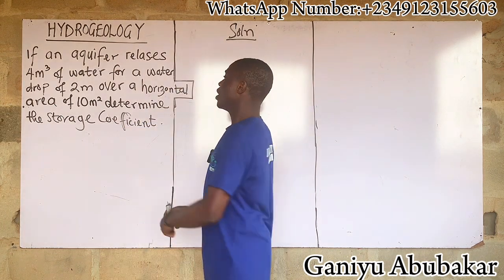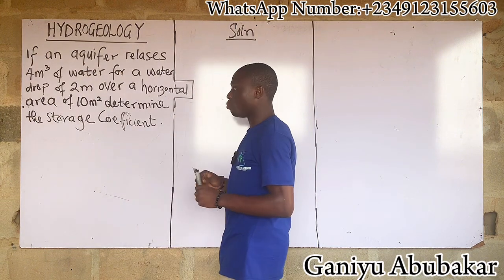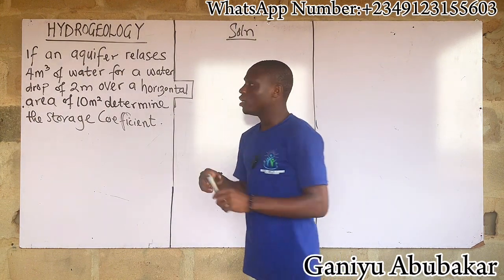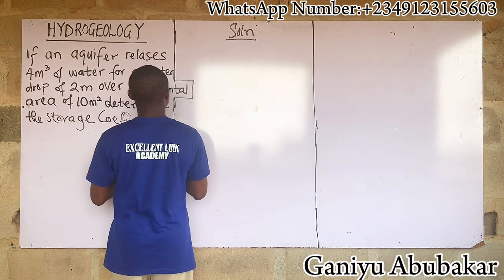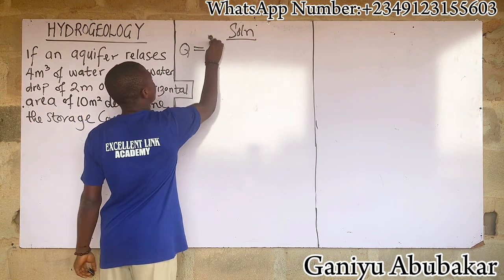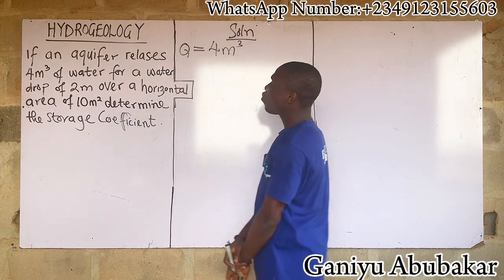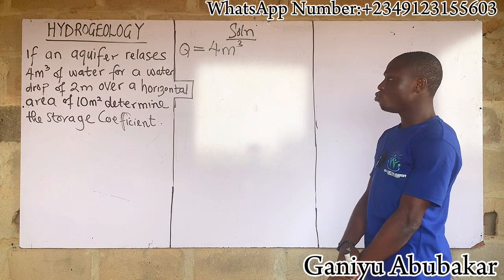So let's check. An aquifer releases 4 meter cube of water. That meter cube of water signifies discharge. That's Q, 4 meter cube. Next, a water drop of 2 meter.